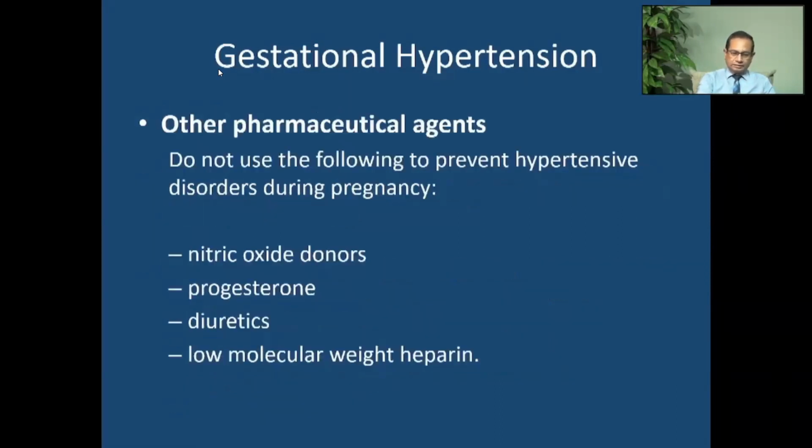And people use various medications during pregnancy, but they should not use the following to prevent hypertensive disorders during pregnancy. Examples are nitric oxide donors, progesterone, diuretics, or low molecular weight heparin.